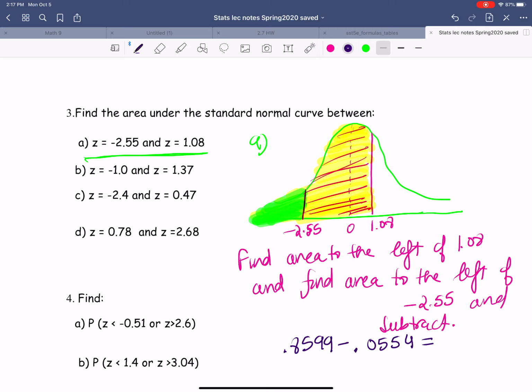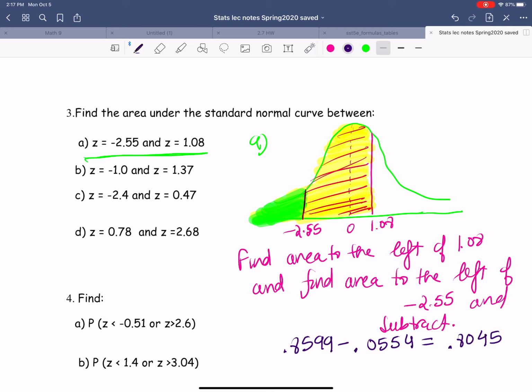Go ahead and do the subtraction. Subtract these two areas, 0.8599 minus 0.0554 turns out to be 0.8045. Is that correct? Let me double check really quick.